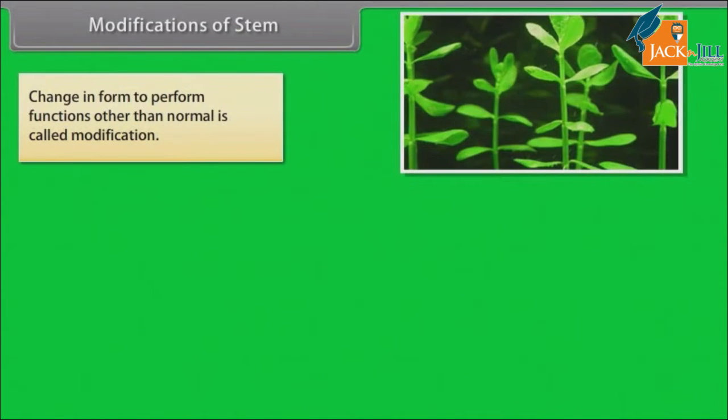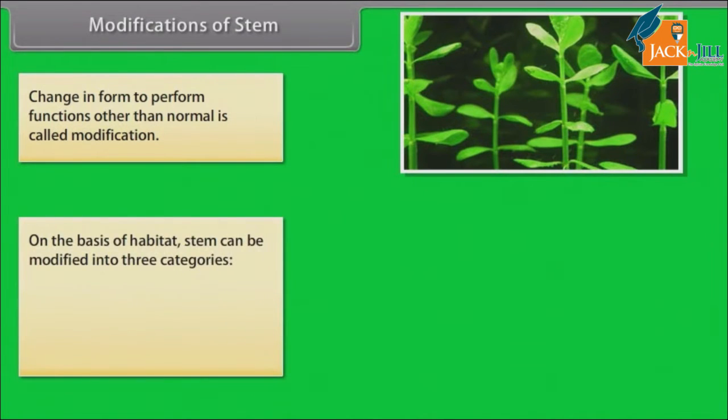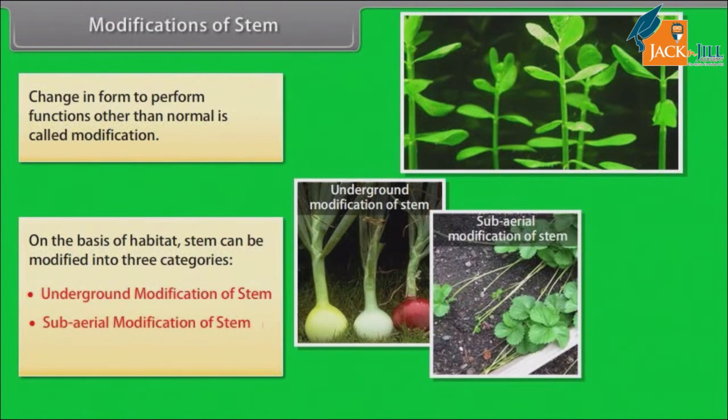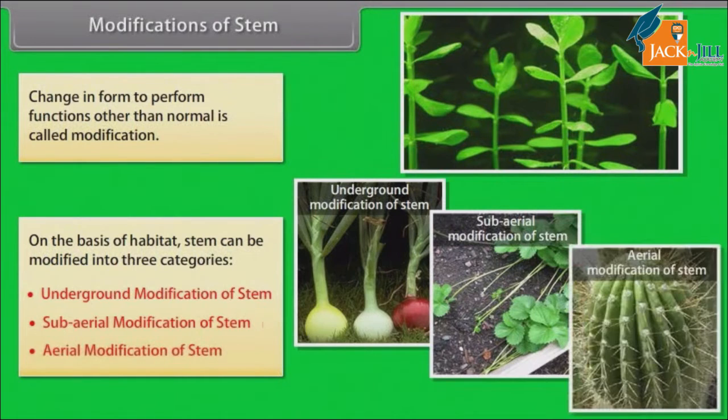Change in form to perform functions other than normal is called modifications. On the basis of habitat, stem can be modified into three categories: underground modification of stem, subaerial modification of stem, aerial modification of stem.